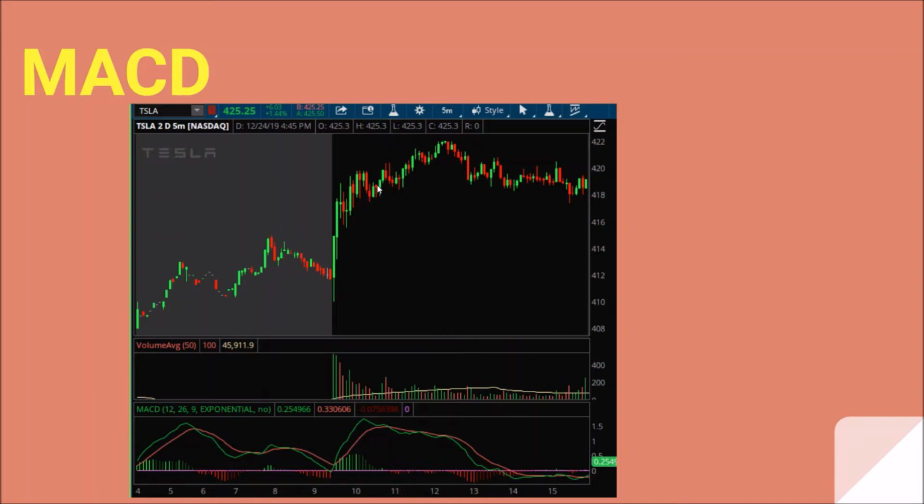But in this case, even though the MACD green line closed below the red line, the price kept on going up till 12 o'clock. So this works better when the price has momentum. In this case, we may have to use this indicator with some other indicator to get clear signals.